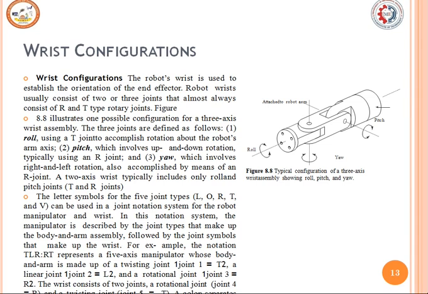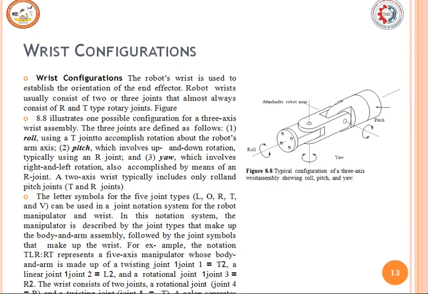Further, if you take the wrist configuration of the robot, there are three configurations: one is the roll, second is the pitch, and third is the yaw. In the first case, the roll, it is meant for rotary motion to screw and unscrew actions. This type of motion is used in the robot.